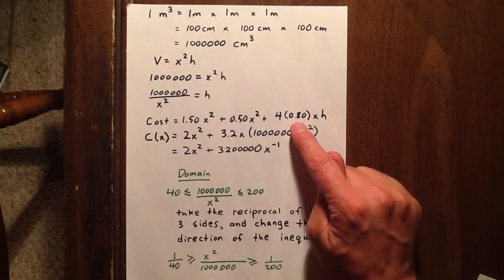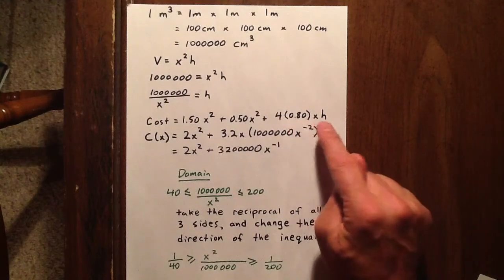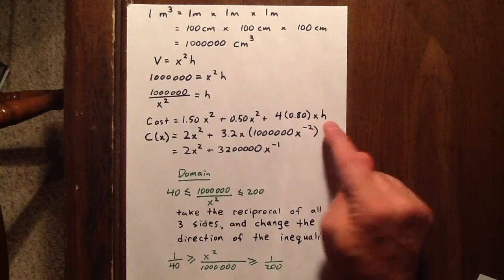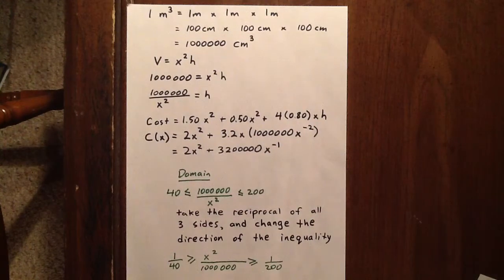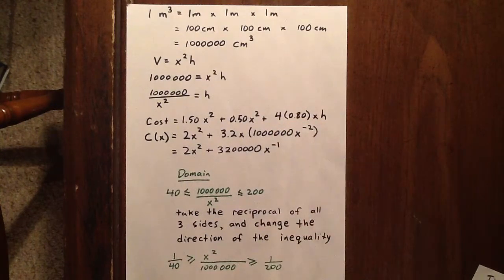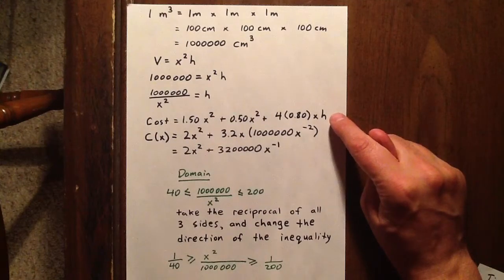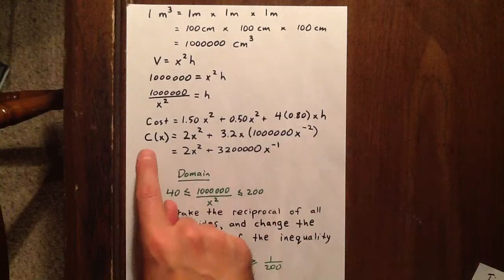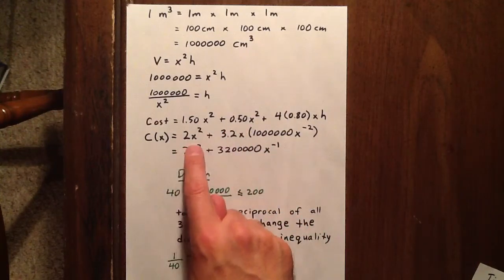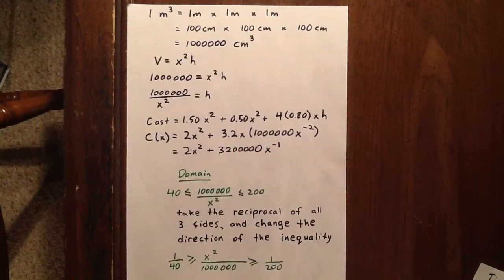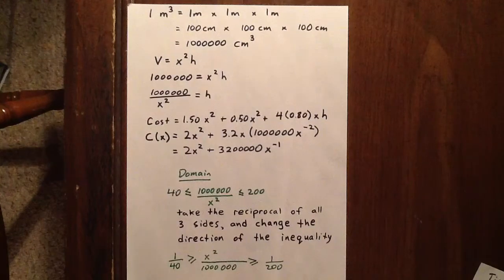Now the wall is 80 cents per square centimeter, and the area is x times h, because each of those walls has a length of x and a height of h. And since there's 4 of them, we multiply by 4. Well, subbing in 1 million x to the negative 2 for h means that our cost, when we add these terms together, is 2x squared plus 3.2 million x to the negative 1. Now, we have a cost formula.